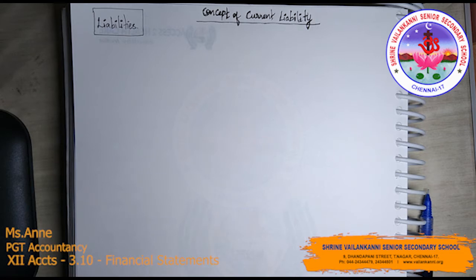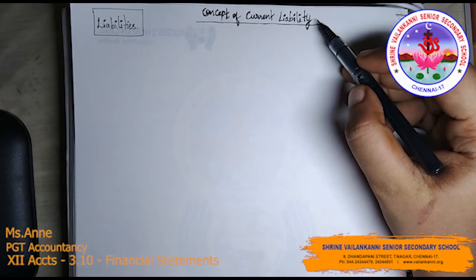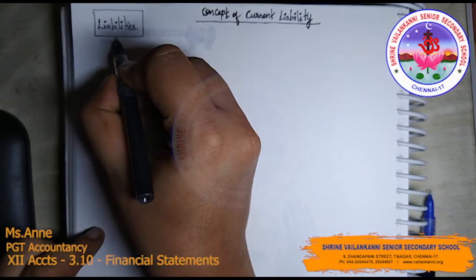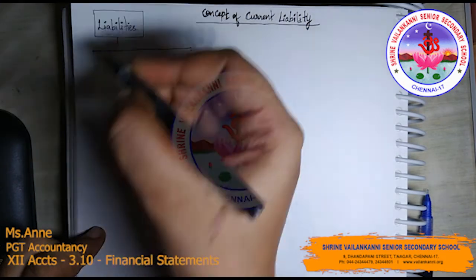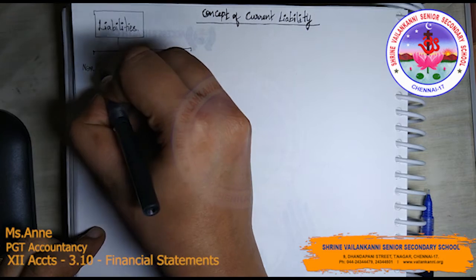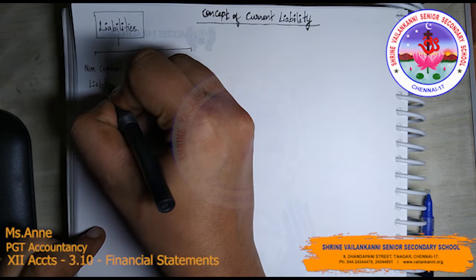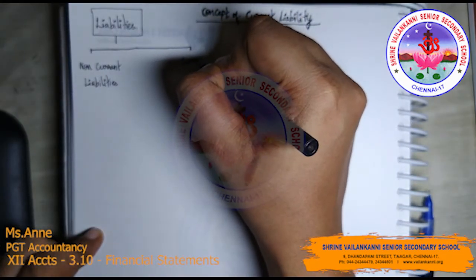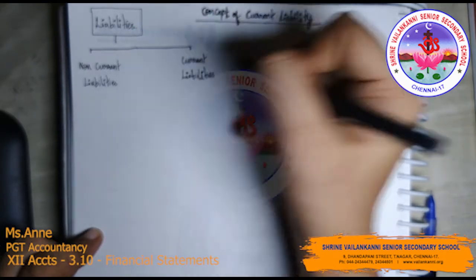This session we are going to discuss one important concept, that is the concept of current liability. Now you know that liabilities are classified into two categories, that is non-current liabilities and current liabilities.